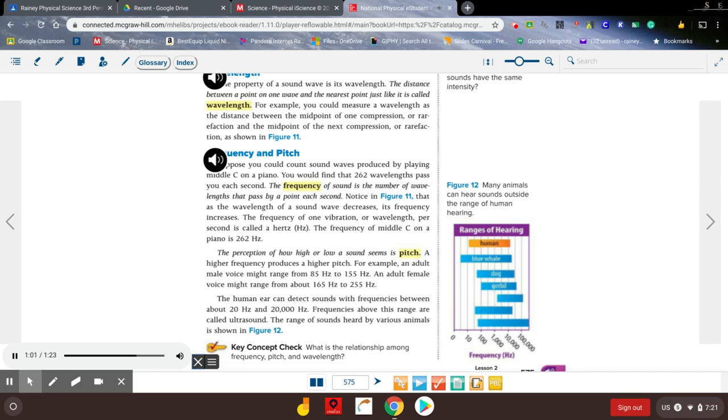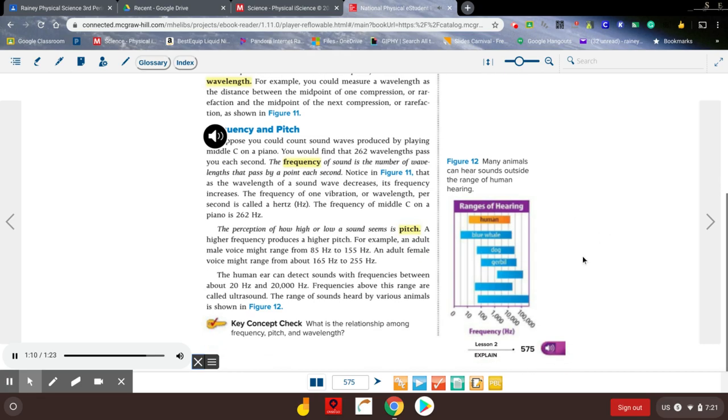The human ear can detect sounds with frequencies between about 20 hertz and 20,000 hertz. Frequencies above this range are called ultrasound. The range of sounds heard by various animals is shown in Figure 12. Key concept check. What is the relationship among frequency, pitch, and wavelength?